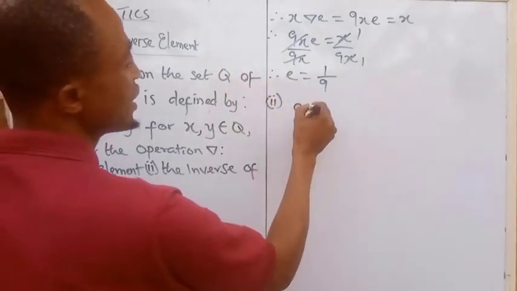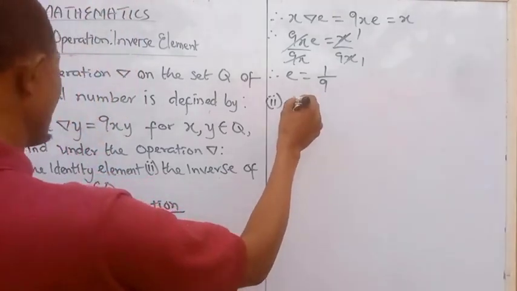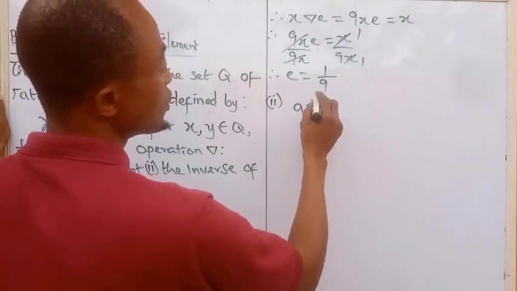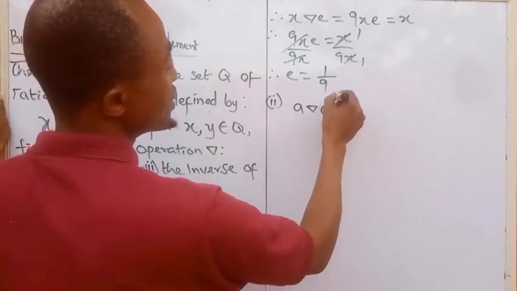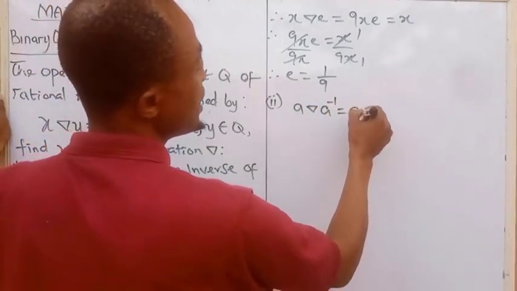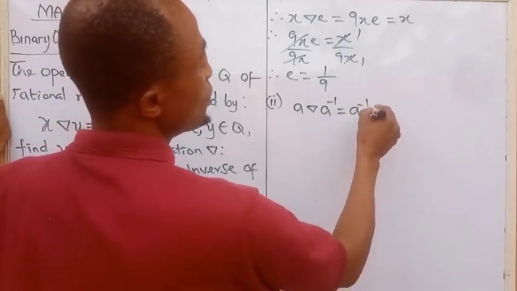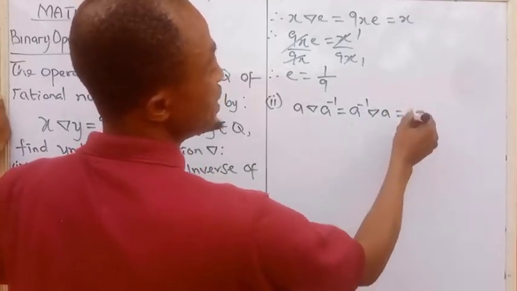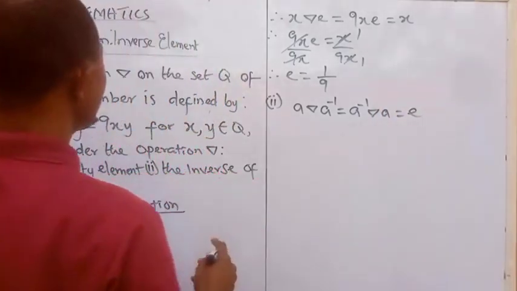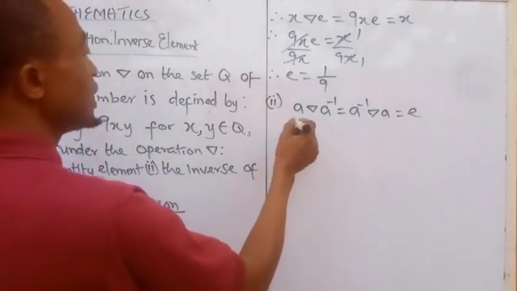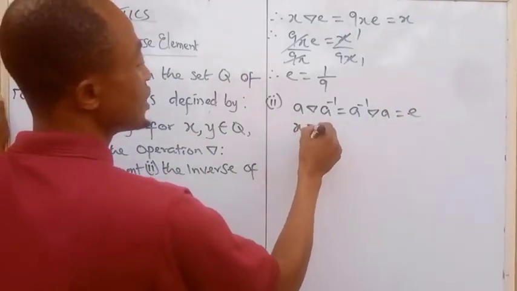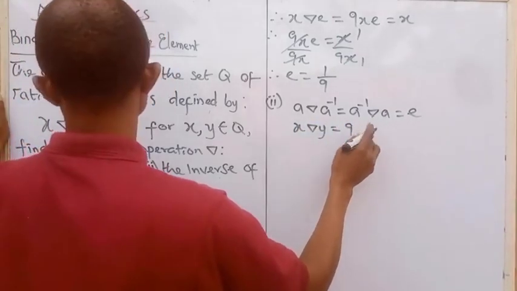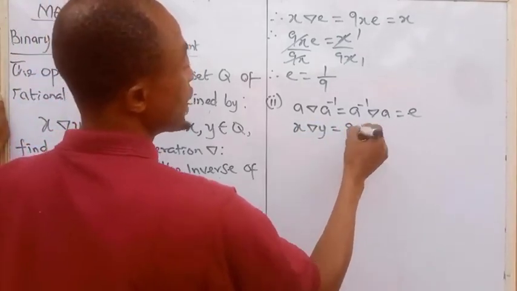So that means, from the identity element, we have a * e. a * a inverse is the same thing as a inverse * a, which must give us the identity element. So look at this: x * y, which is 9xy.